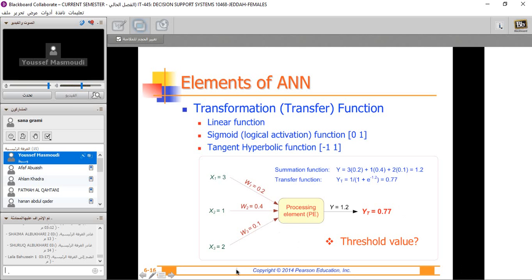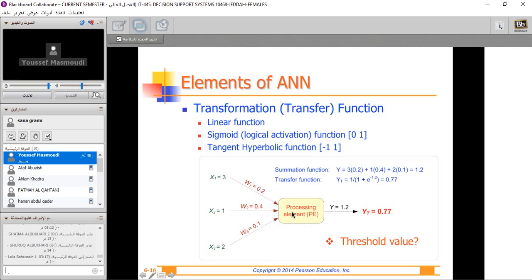So let me give you an example. If we have the input x1 equal to 3, the input x2 equal to 1, the input x3 equal to 2, and we have W1 equal to 0.2, W2 equal to 0.4, and W3 equal to 0.1.